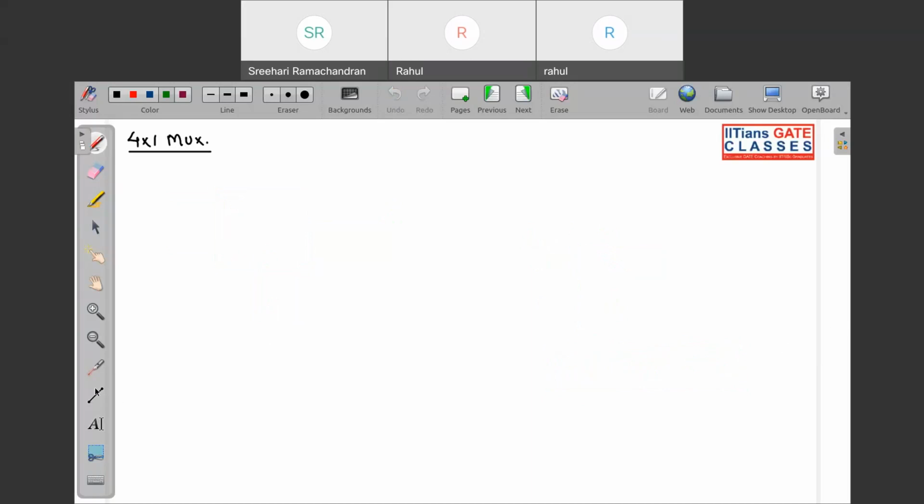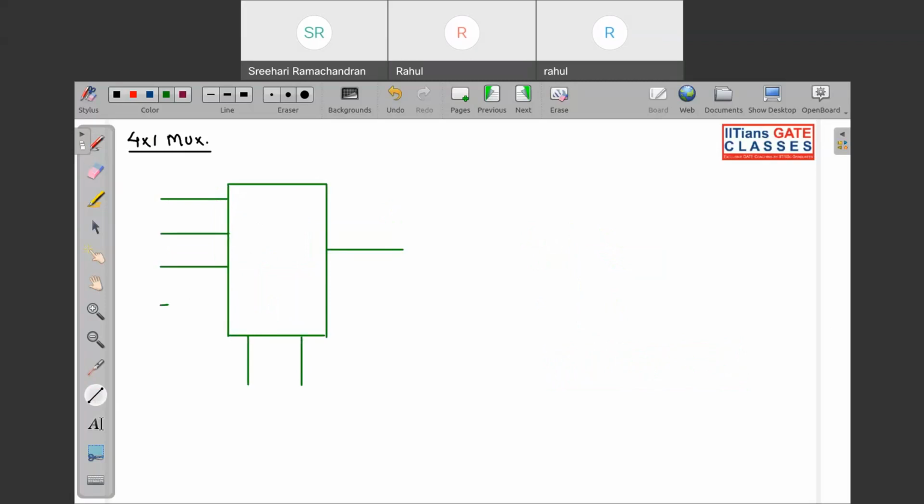Next we have a 4 cross 1 multiplexer. In a 4x1 multiplexer, the number of inputs is 4 and selection lines are 2. Always they will tell you which is MSB and which is LSB.